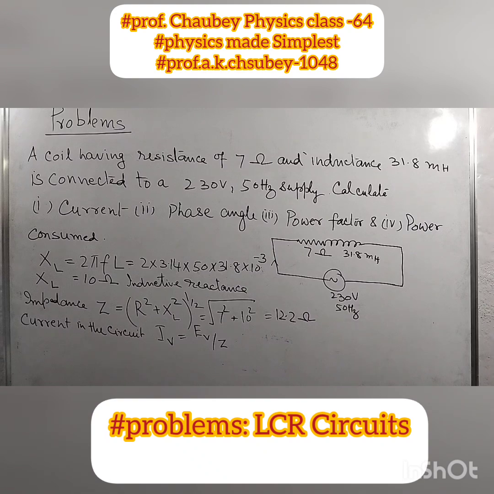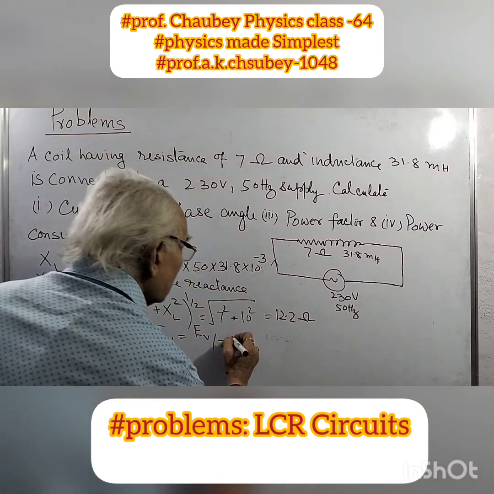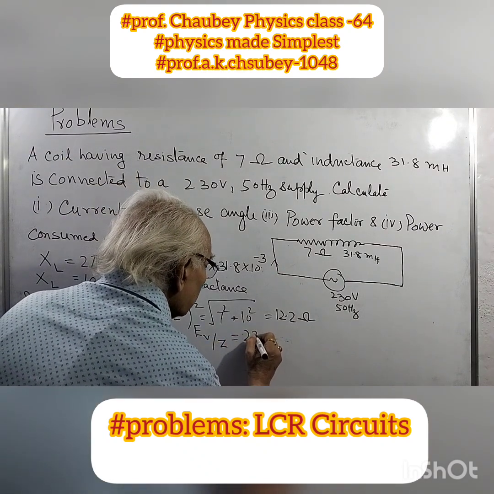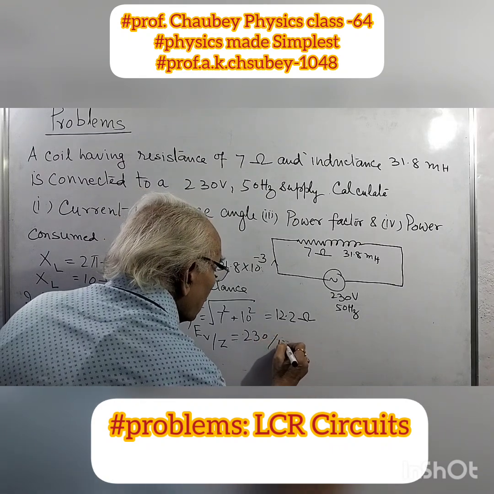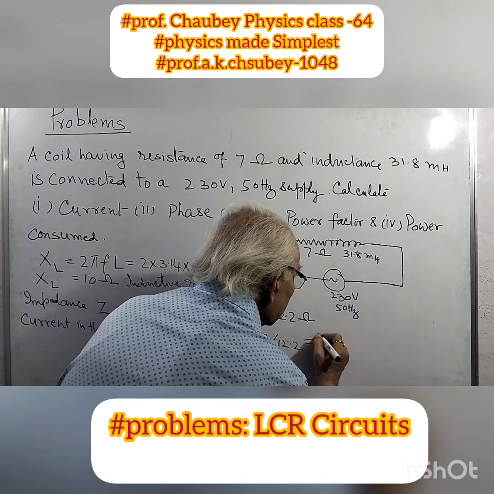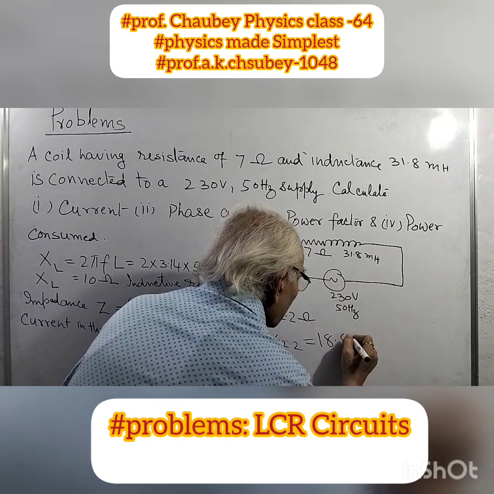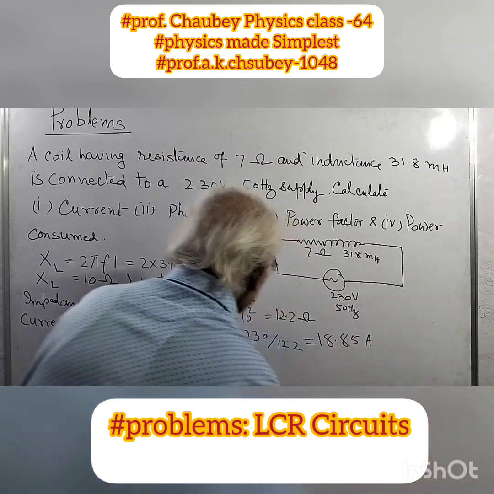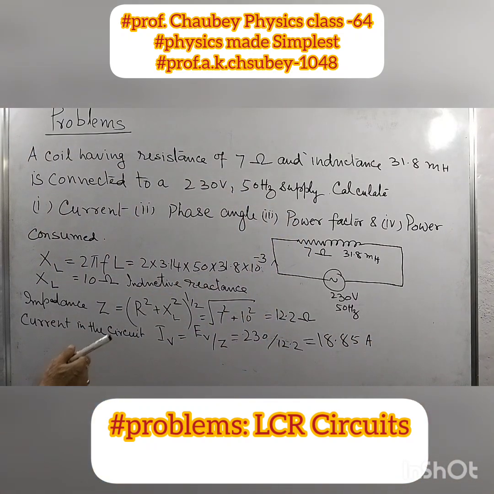So IV will be EV over Z. EV is 230 volt, Z is 12.2. So the current IV will be 18.85 ampere.